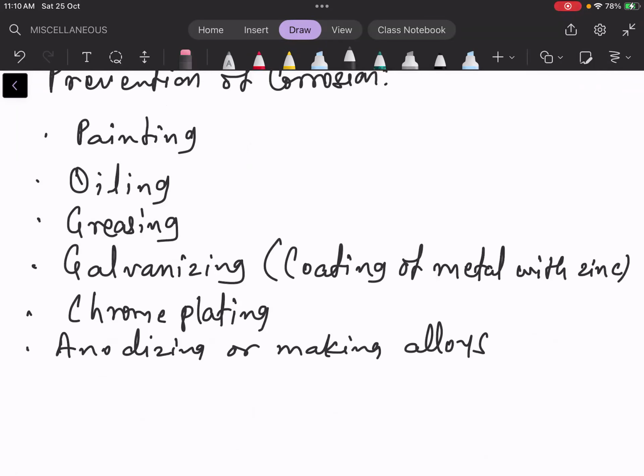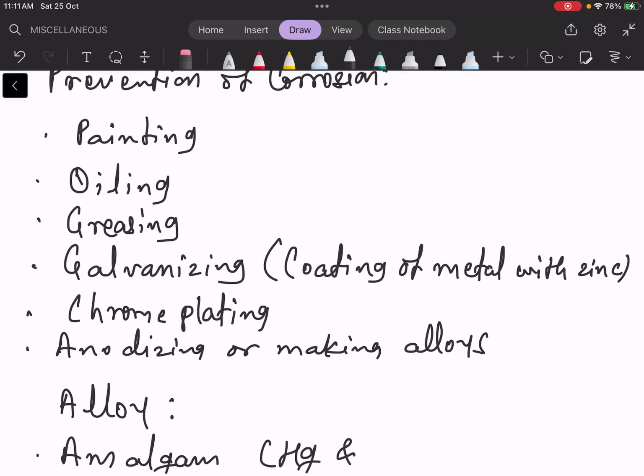Then there are various alloys. First alloy is amalgam. Amalgam is an alloy of mercury and other metal, for example, silver amalgam.